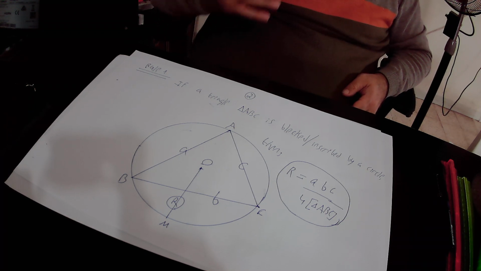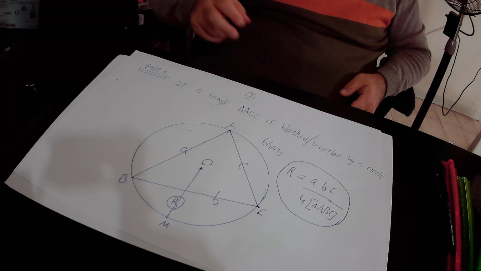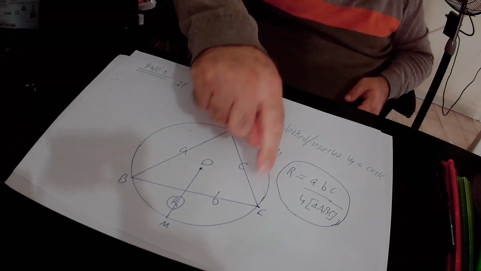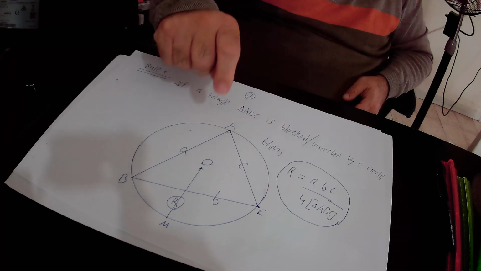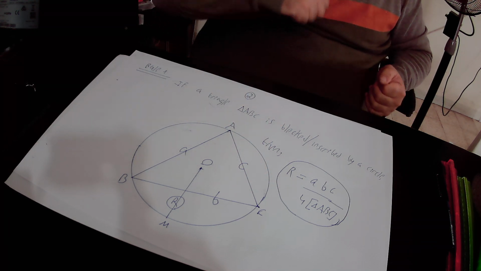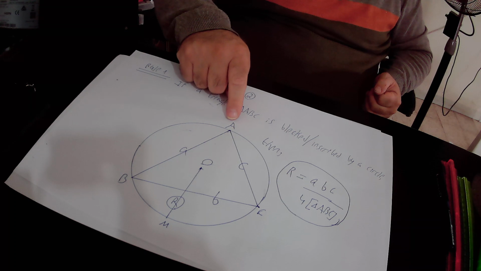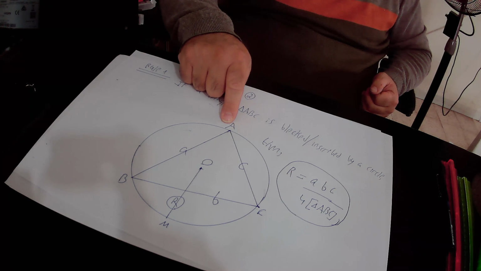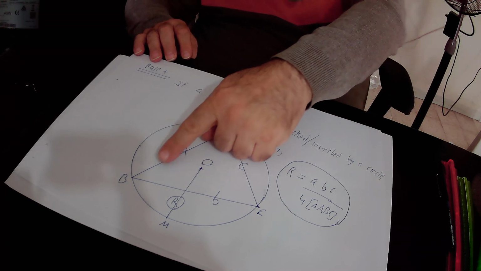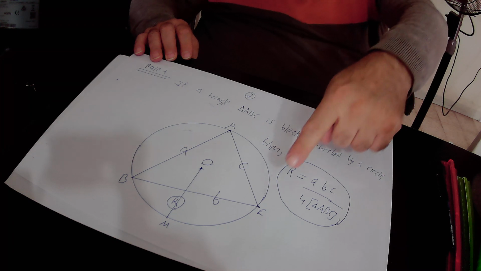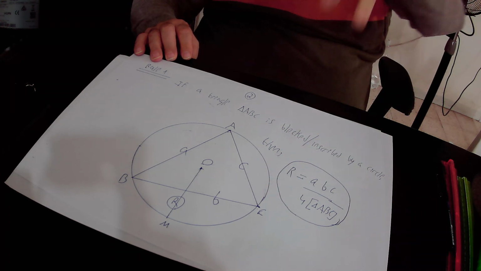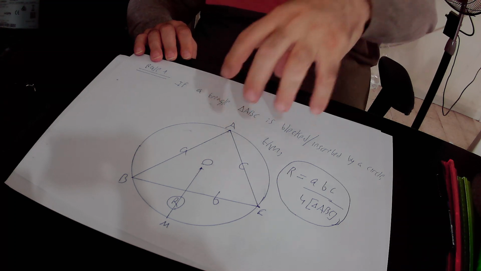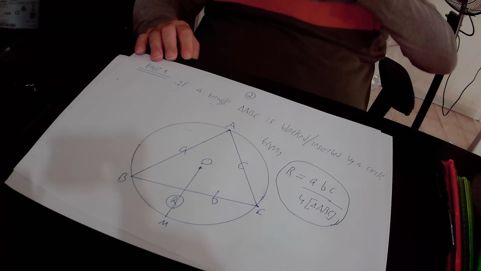A triangle is blocked by a circle only and only if all three vertices of the triangle are touching the circle, exactly like in this drawing. This vertex touches the circle at point A. This vertex touches the circle at point B. And this vertex touches the circle at point C. Therefore, we can definitely say that this triangle ABC is blocked by this circle.